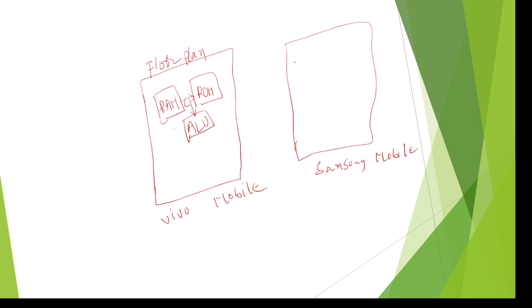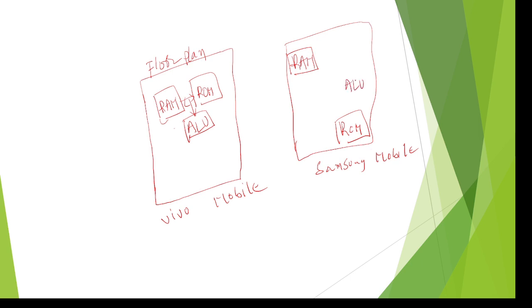If you take the floor plan for another chip, I'm assuming this is another mobile. I'm assuming this is Vivo and this is Samsung, if you assume the Samsung mobile designing process. Here I'm assuming this is RAM and it is placed here, and ROM is placed here, because both the placements are not the same.